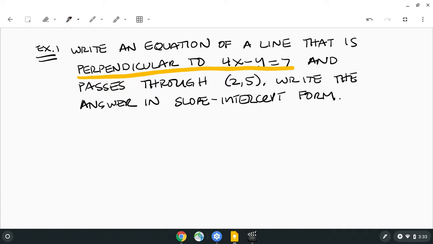So write an equation of a line that is perpendicular to that equation. We already know that if it's perpendicular to this, then they have negative reciprocal slopes. So if I know the slope of the perpendicular here, then I know the slope of my line. Okay, all right, so let's take a look here.